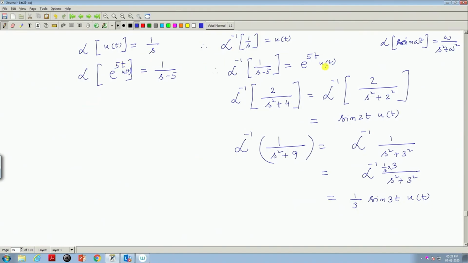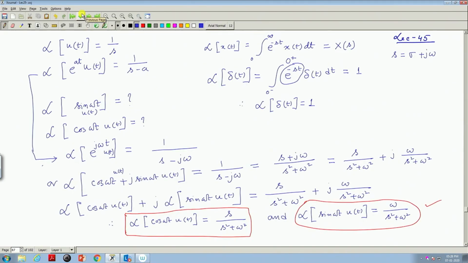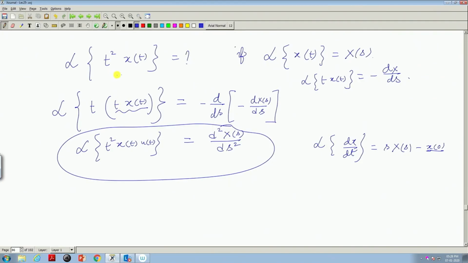See, there was a Laplace transform of u(t), and previous to that, the function t into x(t).